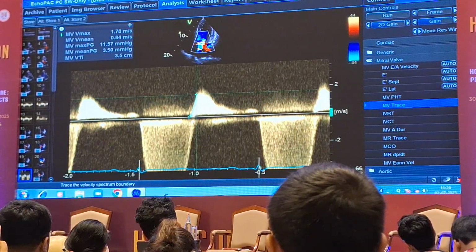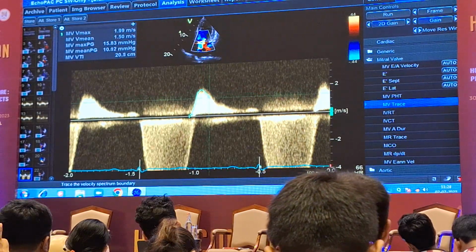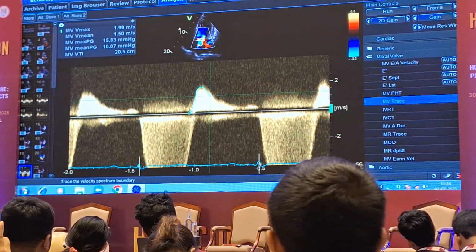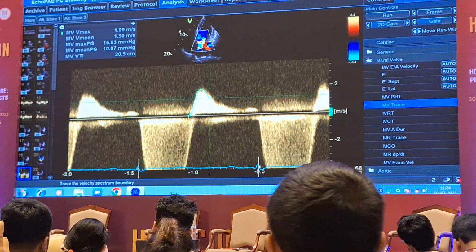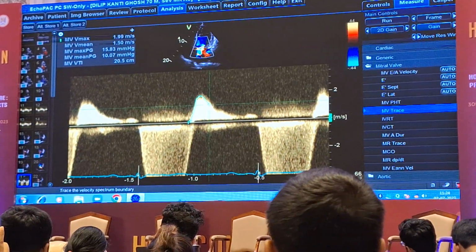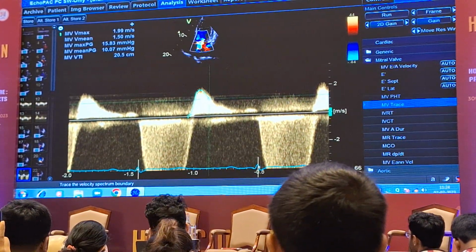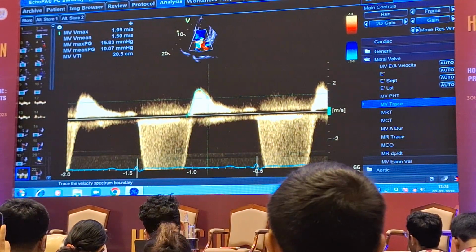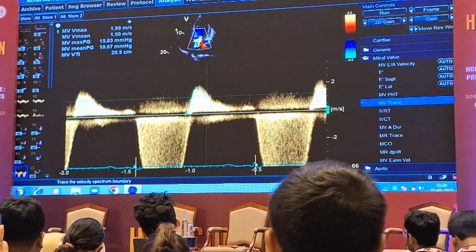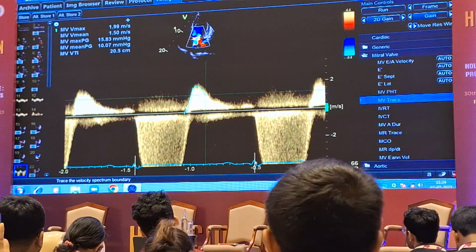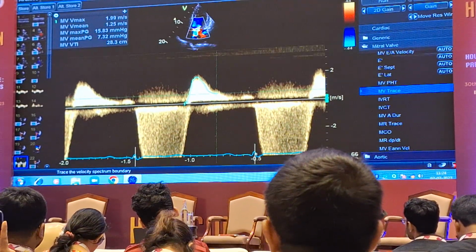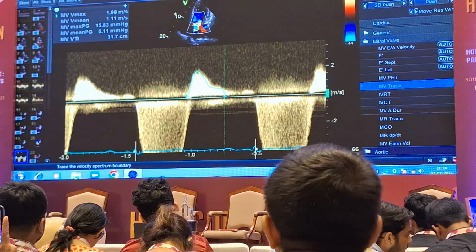The machine itself can trace it. This is a simulating machine, a beautiful software of the echo pack, as if I am working on the machine. I have acquired the image, and now I am tracing the mitral envelope.